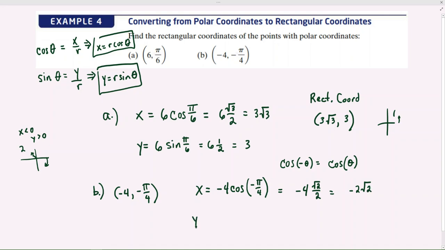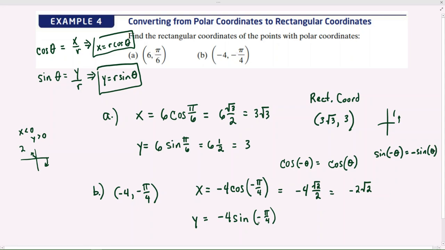Now for the y part, so that takes us back here. Now we expect to get y, -4 times the sine of -pi over 4. And remember that a sine of a negative theta is equivalent to the negative sine of theta.